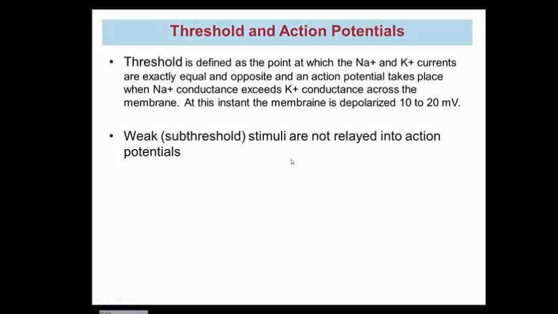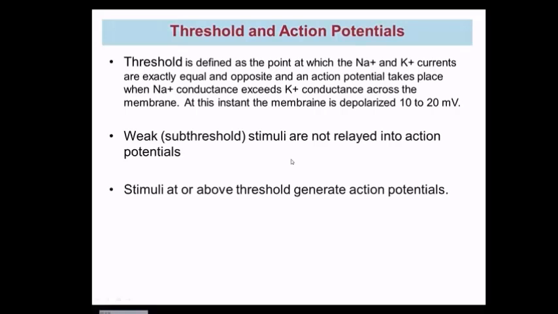A weak subthreshold stimulus is not relayed down the axon. So you have to reach threshold to fire an action potential. And every neuron has a threshold that has to be reached in order to fire an action potential down the axon. Stimulus at or above threshold always generates an action potential.